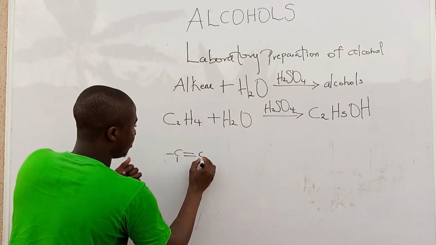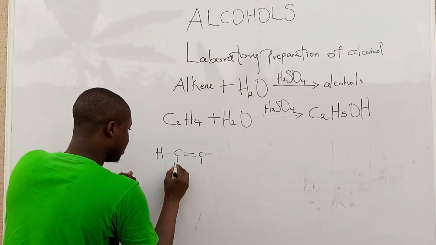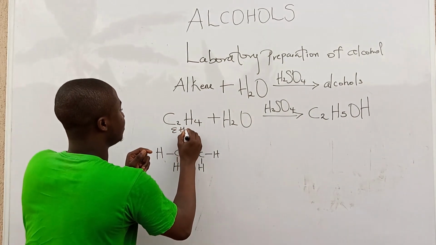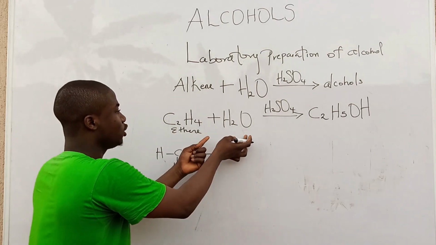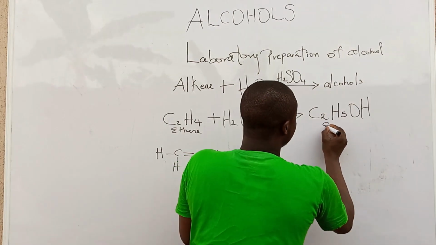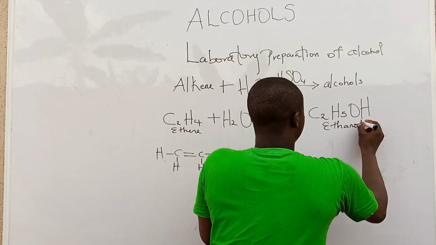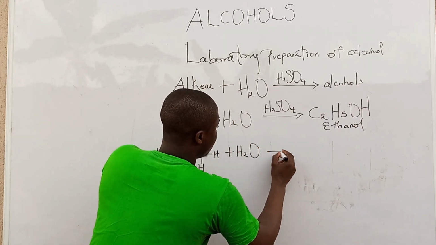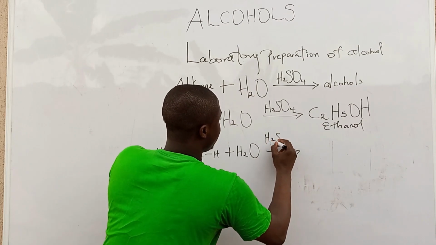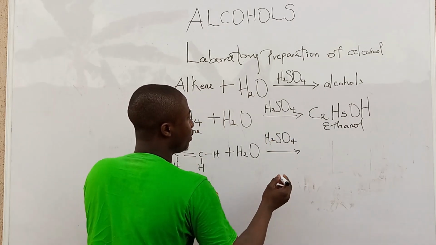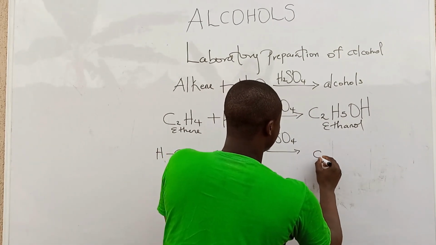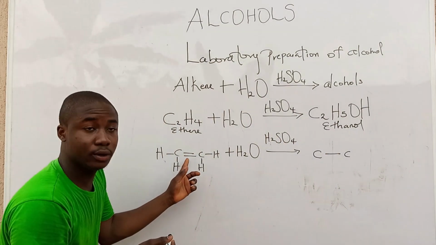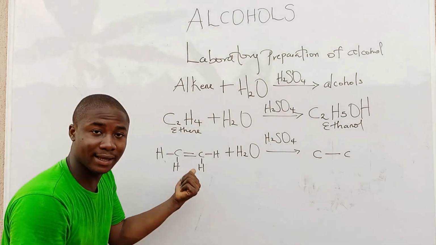Now watch, this is ethene. When water is added to ethene, we get ethanol. This is ethene reacting with water, H2O, in the presence of H2SO4, and we get this as our compound, because the double bond of ethene will be broken.